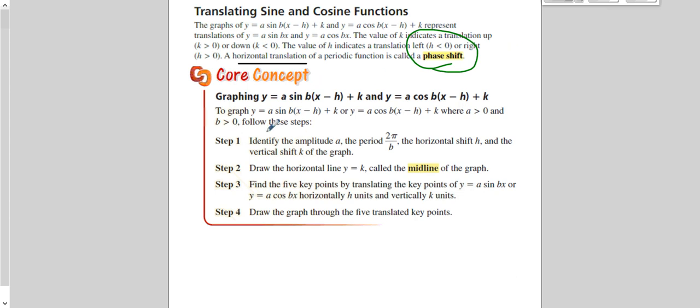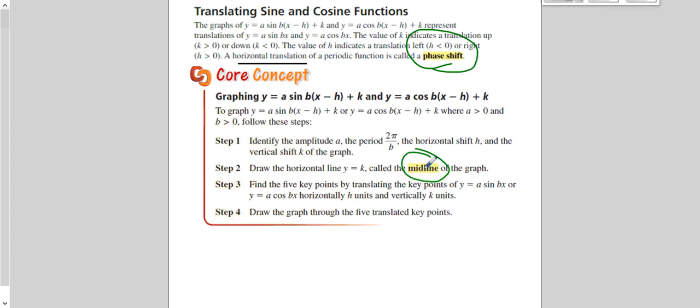Step 1. Identify the amplitude, the period, the horizontal shift, and the vertical shift. So we want A, B, the period, the H, the K. Identify them all. Step 2, draw the horizontal line y equals k. This is called a midline. It is the middle of your sine wave or your cosine wave.